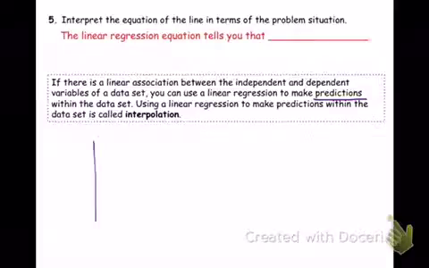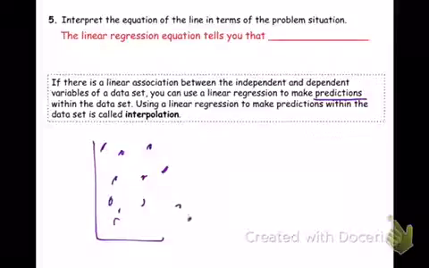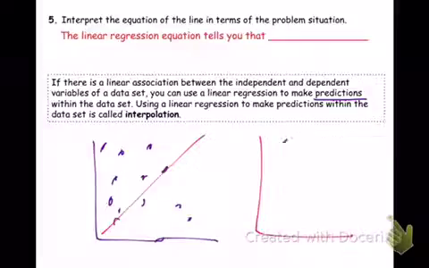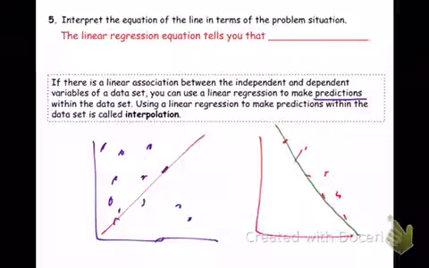For example, if my points look like this, and they're kind of all over the place, me making a line on it and trying to make some kind of prediction off of this data will be pretty useless. But if my points are, like in our example, nicely going down, I can actually put a line on there and it will give me a pretty good prediction of what's happening in the future.